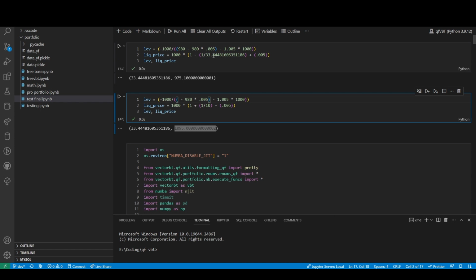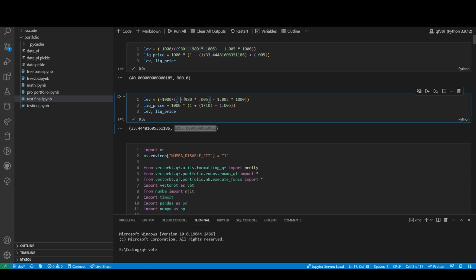How do I get this to match this? I don't think I do. Wait, what did I... Oh, if I remove this, and then I put this as 40, it would give me the same thing. Okay, there we go. That's fine.